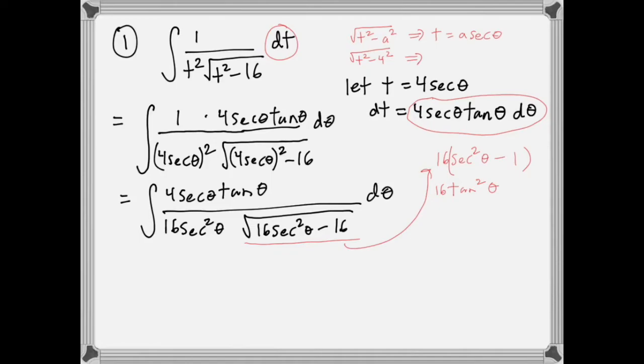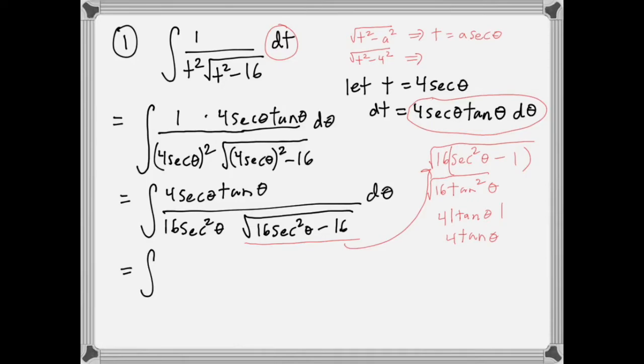So if I were to take the square root of this, what would the square root be? It would be 4 times the absolute value of tan theta. However, remember, it's an indefinite integral, so I'm just going to write it as 4 tan theta.